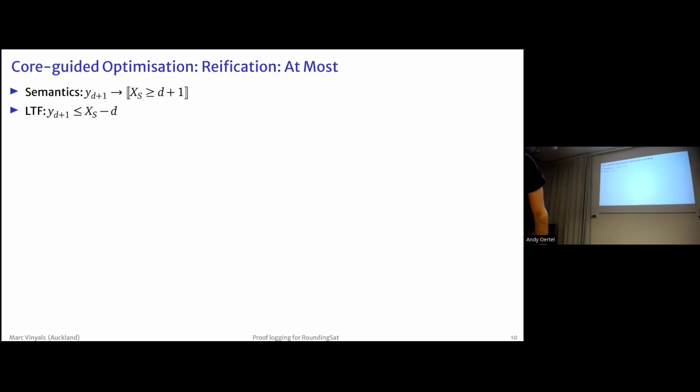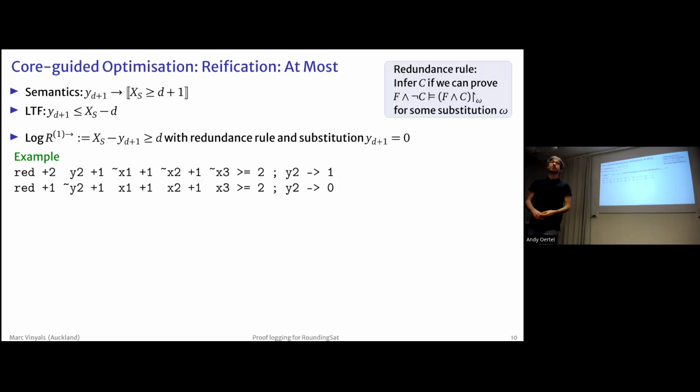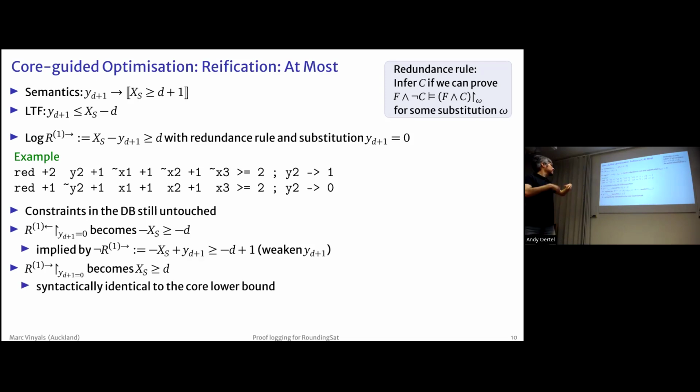Again, we're going to use the redundancy rule, but now instead of replacing with y, our substitution is y_{d+1} equals 0. Again, we can check that all the conditions of the redundancy rule are still satisfied, so constraints in the database still don't change.